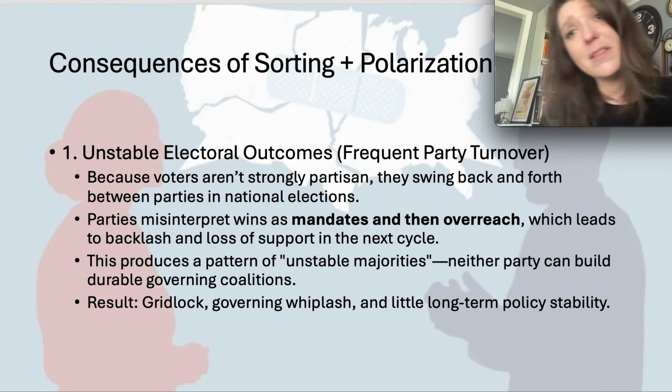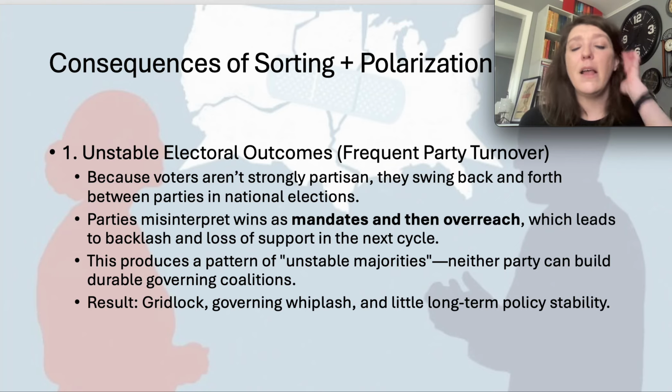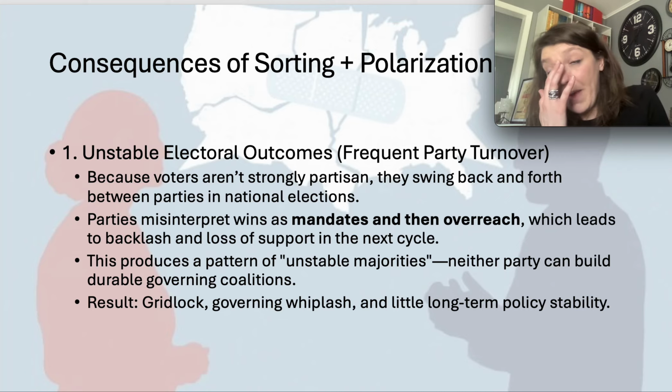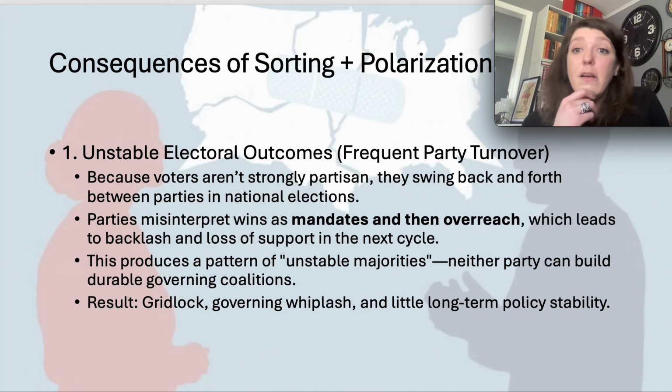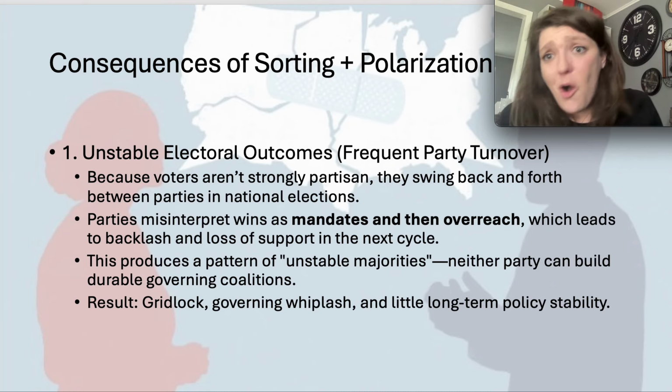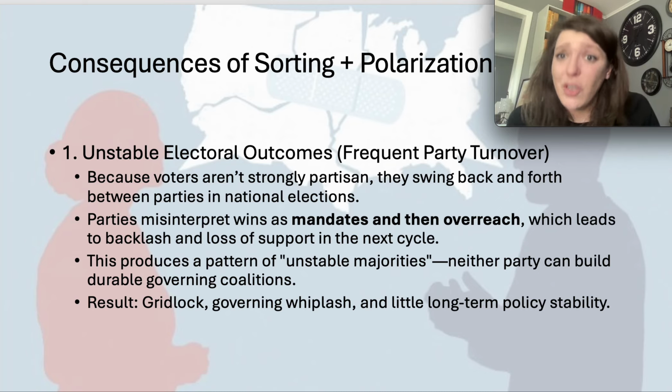And the thing that's worse about this, in my opinion, is that it results in very little long-term stability. We saw this in the past few decades when Obama passed the ACA, the Affordable Care Act. Republicans were not interested in governing. All they wanted to do was overturn the policy that the Obama administration and his Democratic majority passed.